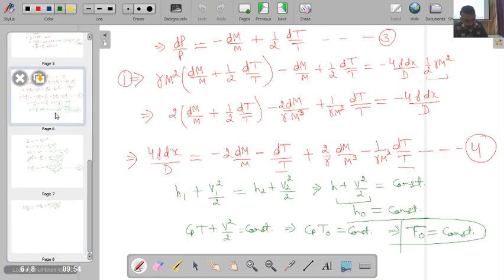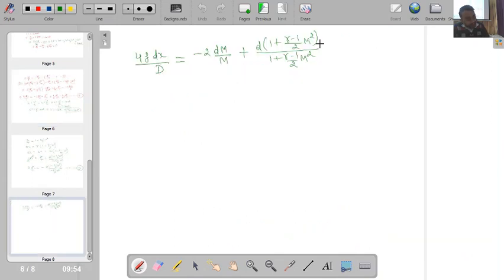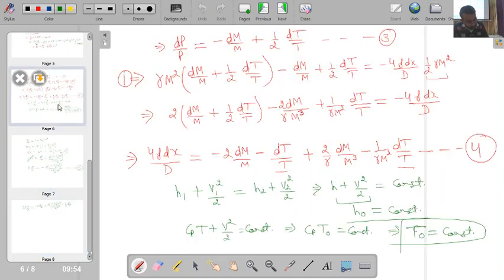Then I have the next term plus 2 by gamma dM by M cube, and then I have minus 1 by gamma M square dT by T. So here minus minus will become plus.